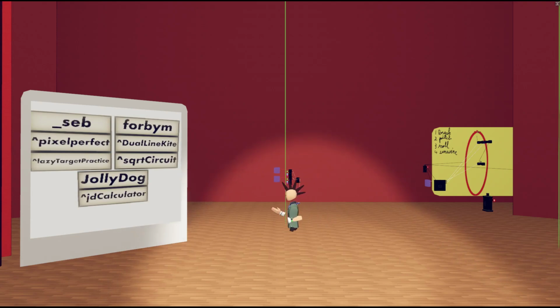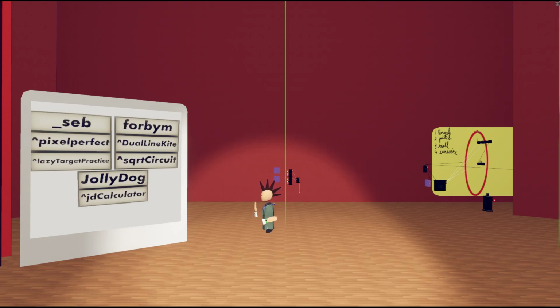I know a lot of stuff that I take for granted now was generated by these guys experimenting with computer science and math concepts to try and bring them into Rec Room in the first place.